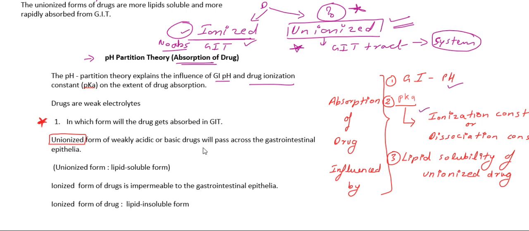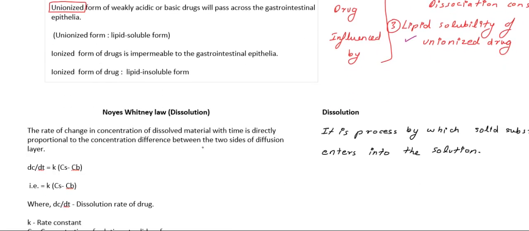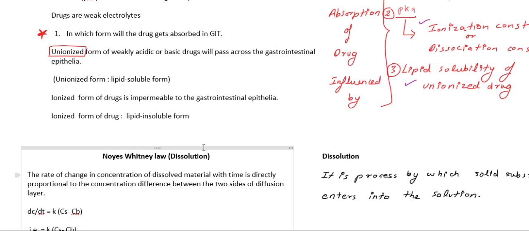These are the factors influencing drug absorption, and that is what pH partition theory is about. We have already discussed in which form the drug is absorbed, which is an important MCQ that has been asked in different competitive exams and pharmacist exams.